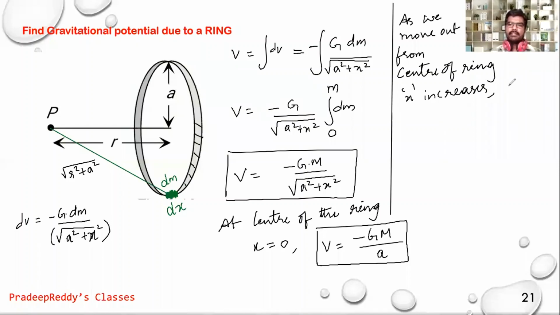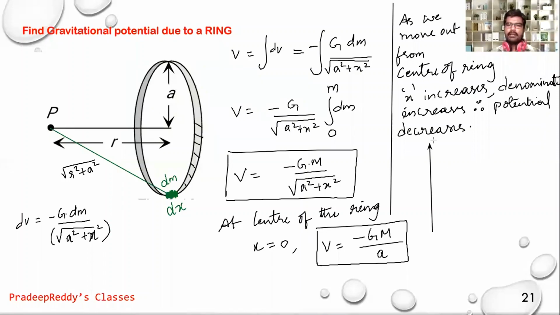As x increases, the denominator increases. Therefore, potential decreases. Gravitational potential decreases. So if you plot a graph for gravitational potential with respect to position x, this is V.